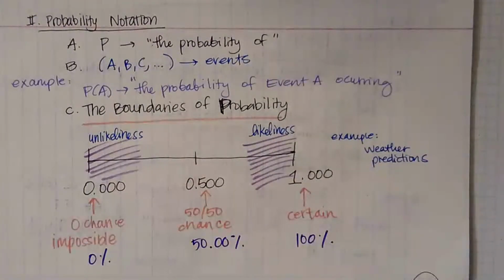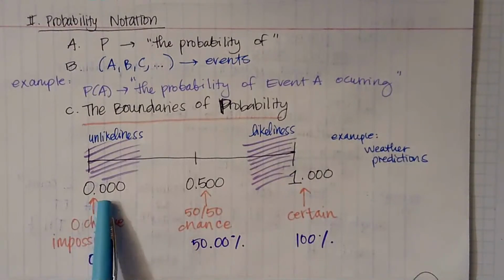Okay? So now let's talk about the boundaries of probability. This means that probability values can only range from 0.000 to 1.000. It cannot be negative and it cannot go over 1. Why? Because this is how occurrences and probability analysis take place.